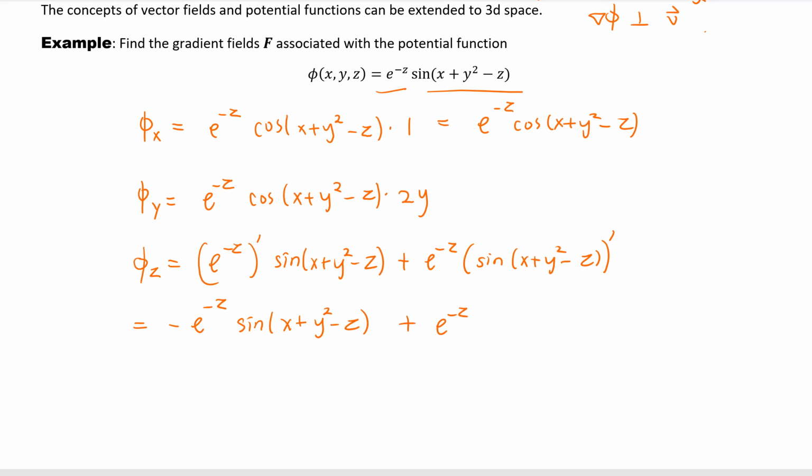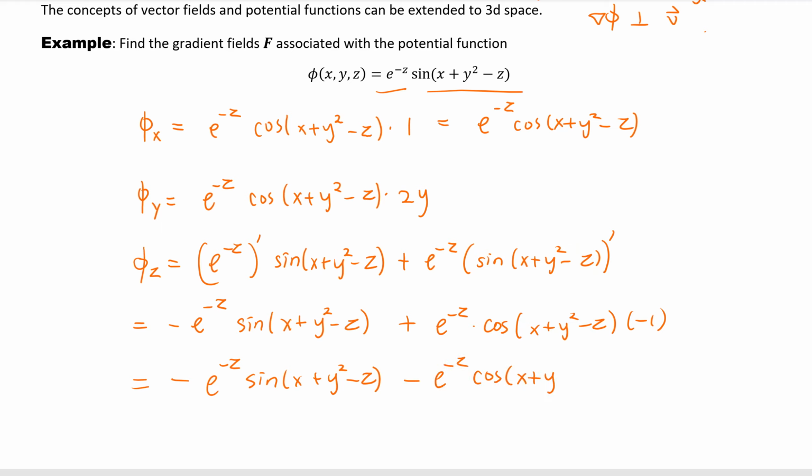Derivative of sine is cosine. And then chain rule, derivative of the minus z is minus 1. So we get minus e to the minus z sine of x plus y squared minus z, minus e to the minus z cosine of x plus y squared minus z. So far so good, everybody.